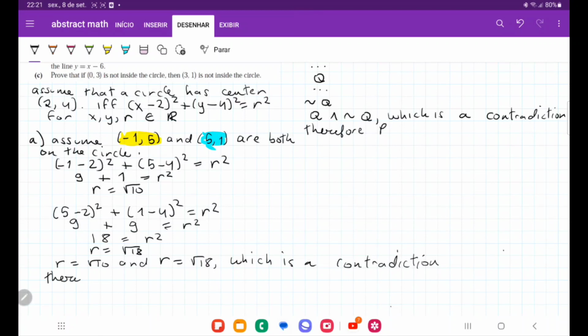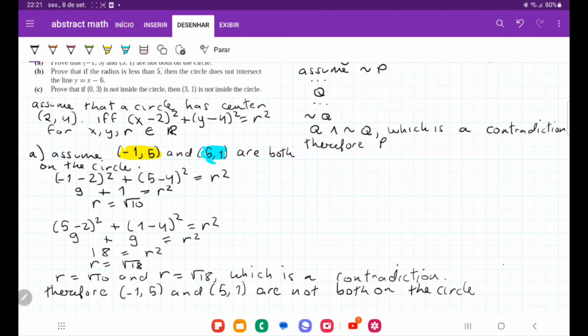Therefore, (-1, 5) and (5, 1) are not both on the circle. Okay, and that is it for item A. We have proved it by contradiction.